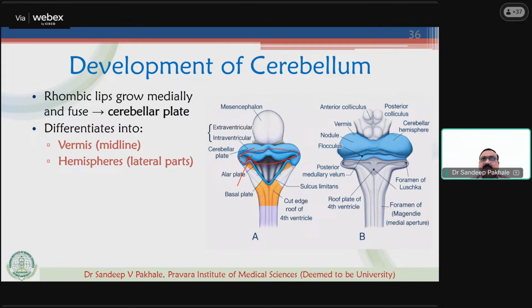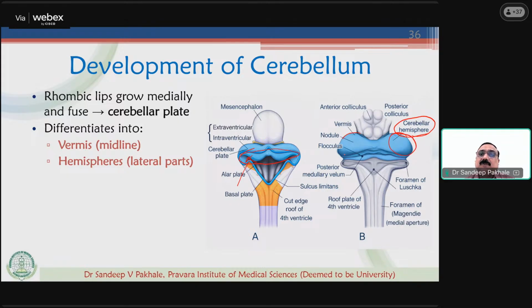This cerebellar plate then differentiates into two main parts. The midline portion is called the vermis, and the lateral portions are the cerebellar hemispheres.